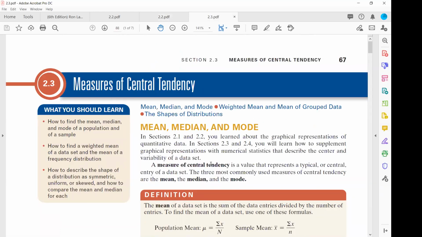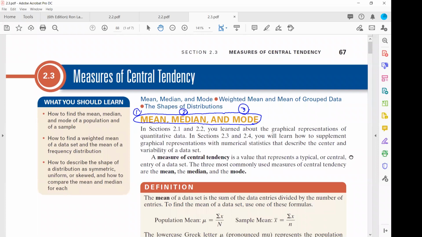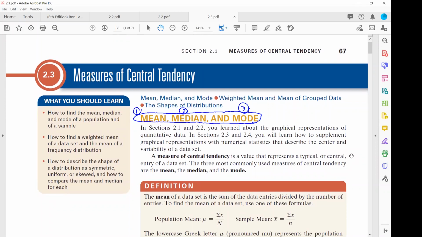In 2.3, our goal is to analyze the data using measures of central tendency. We can divide measures of center into 3 categories. The first one is the mean, the second one is the median, and the third one is the mode. Let us ask group 4 to read 2.3 for the class.